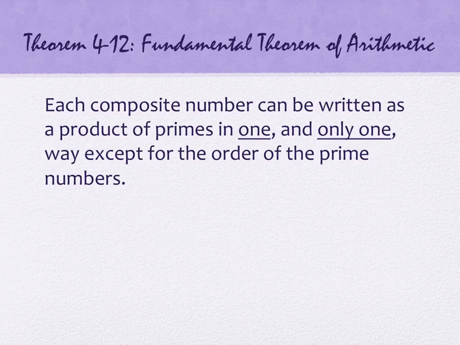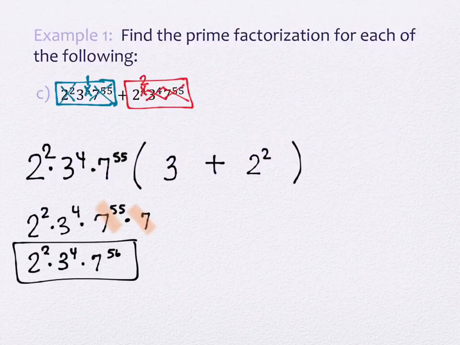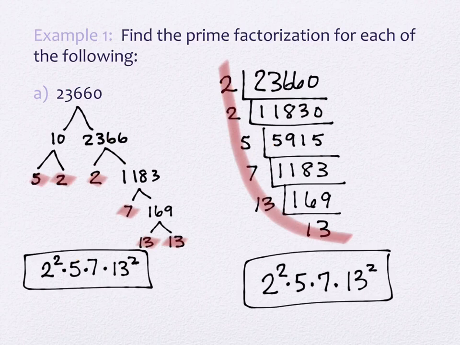So the fundamental theorem of arithmetic says the following. Each composite number can be written as a product of primes in one and only one way, except for the order of the prime numbers. So what that's telling you is that these breakdowns that we got over here are unique.